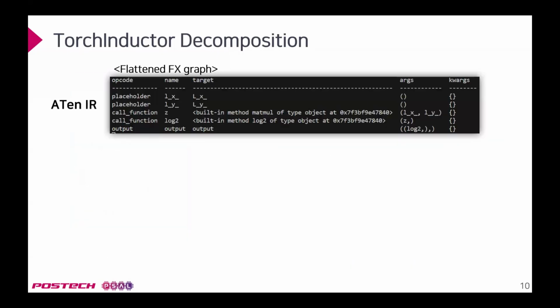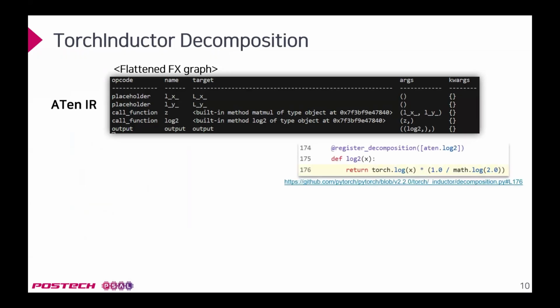First, let's look at how decomposition works in Torch Inductor using the log2 operator as an example. As shown on the right, Inductor uses the register decomposition decorator, and this allows us to define log2 using more basic operations. So it's defined using natural log and a multiplication.